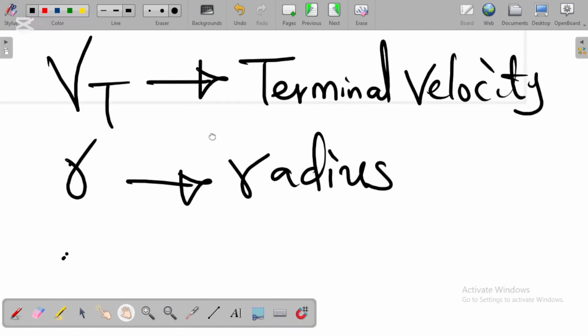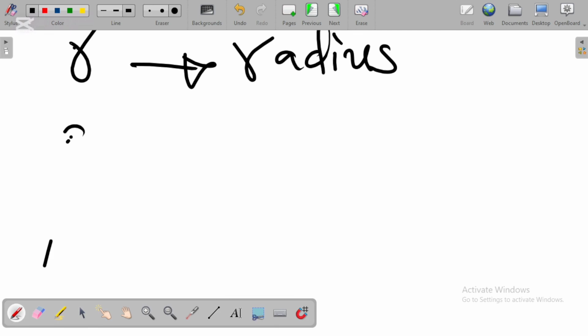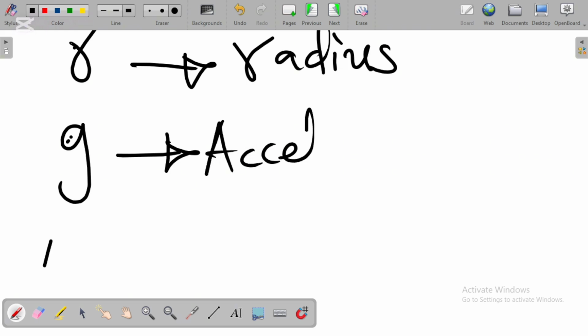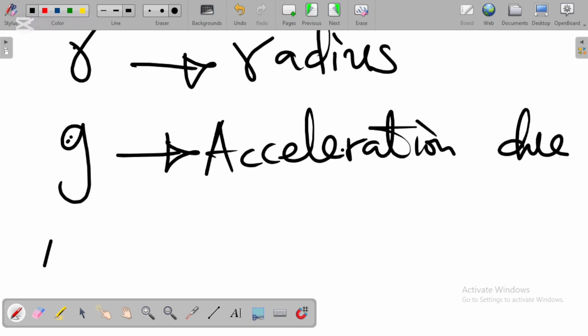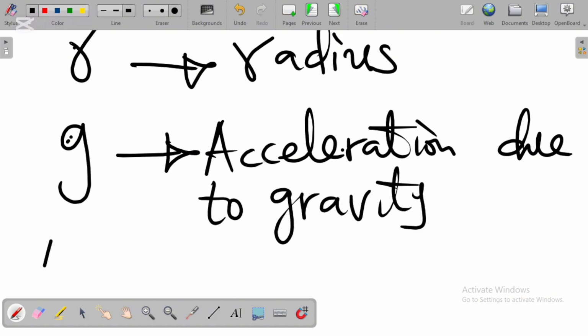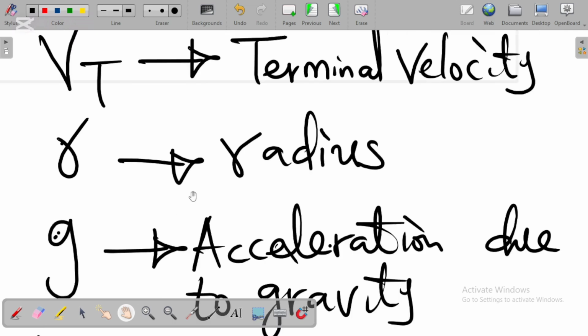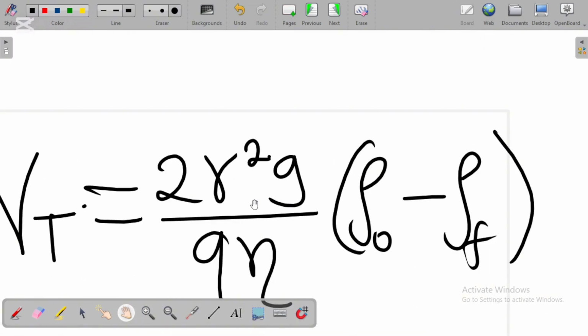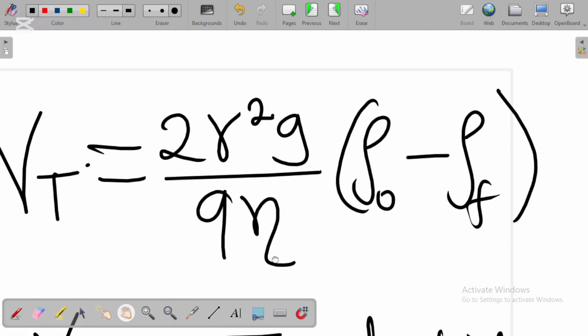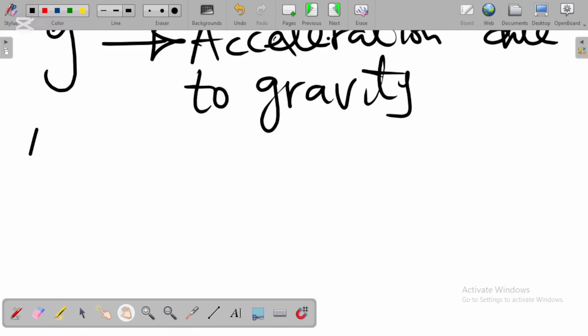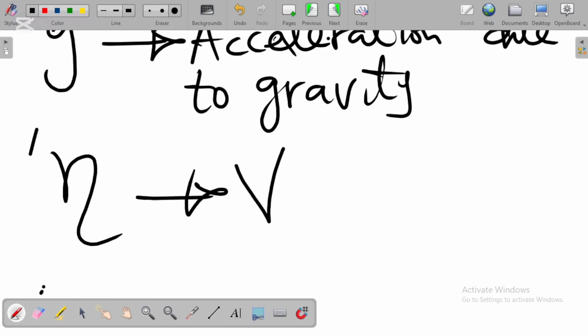We have G. G is known as acceleration due to gravity. Alright, so what's the next parameter given? The next parameter given is viscosity. This is the symbol of viscosity.